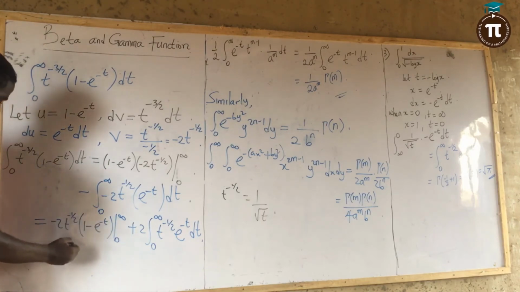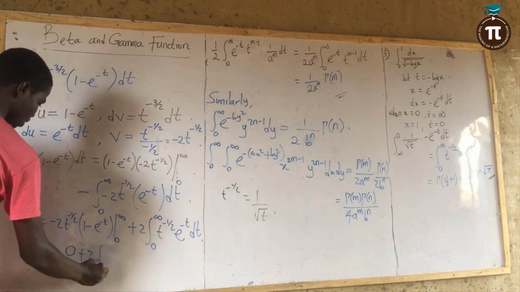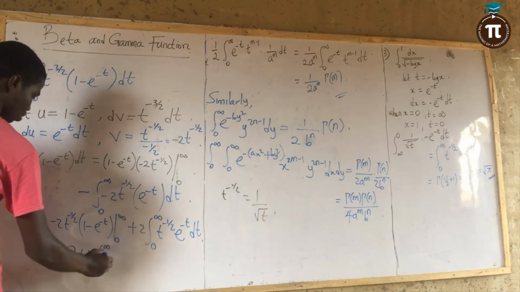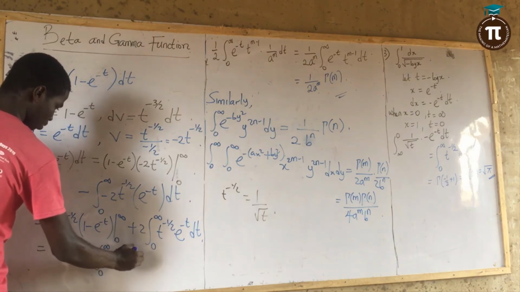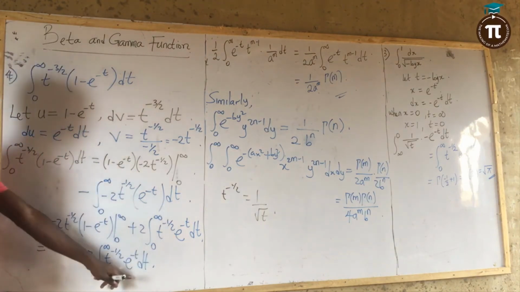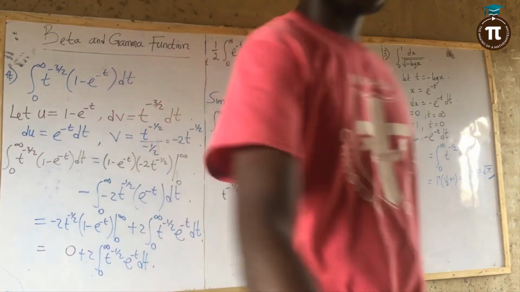what will be here will be 0 plus 2 integral from 0 to infinity of t raised to the power of 1 over 2 e raised to the power minus t dt. And this is exactly gamma function of 1 over 2. It's obvious.